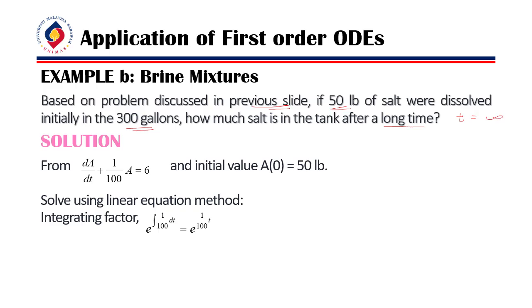This is the differential equation that we derived from the previous example, and the initial value we are given is A(0), when t is equal to 0, is equal to 50 pounds. So the initial amount of salt is equal to 50 pounds.